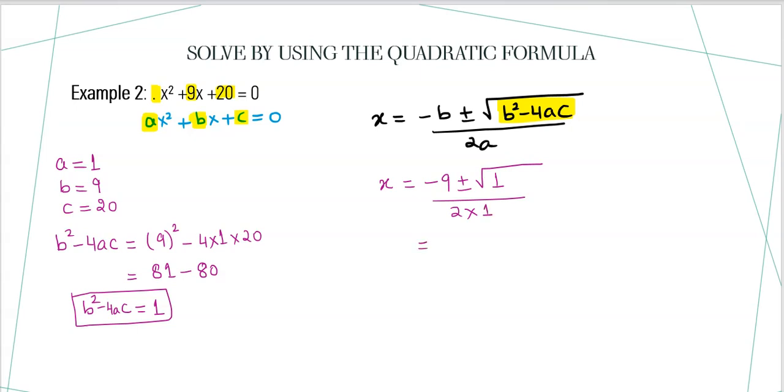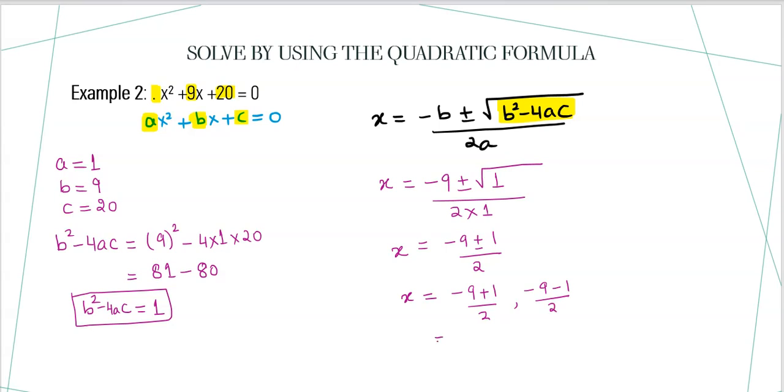So when you simplify it, it is (−9 ± √1) over 2, which is (−9 ± 1) over 2. As it is a quadratic equation, it has two values of x. For the first, considering only the positive sign: (−9 + 1) over 2. And the second value is (−9 − 1) over 2.